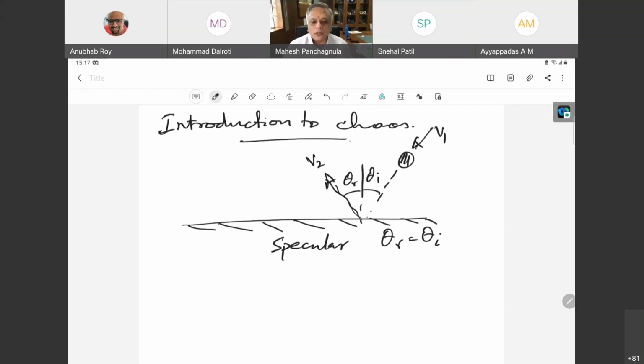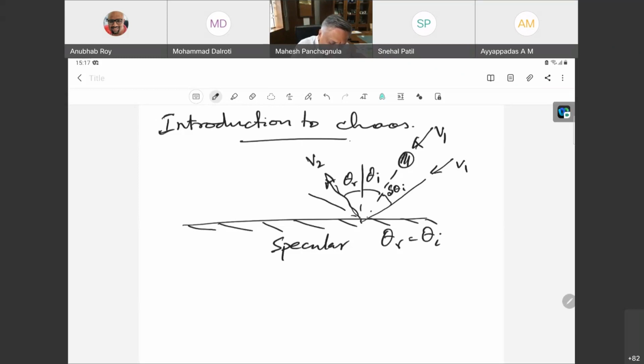It's a simple conservation of energy and a coefficient of restitution, conservation of momentum in the horizontal direction, and a coefficient of restitution of 1 is sufficient for us to conclude that for a given v1, I can fully determine v2 with 100% certainty. Now if v1 were to change slightly, let's imagine I add a small delta theta i.